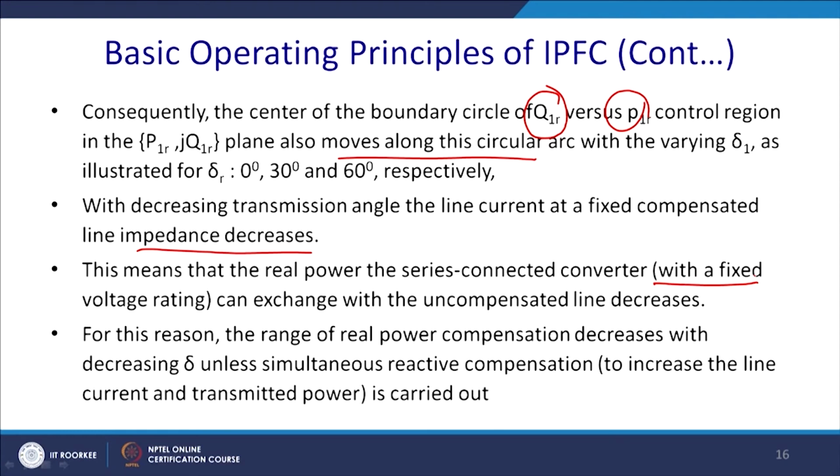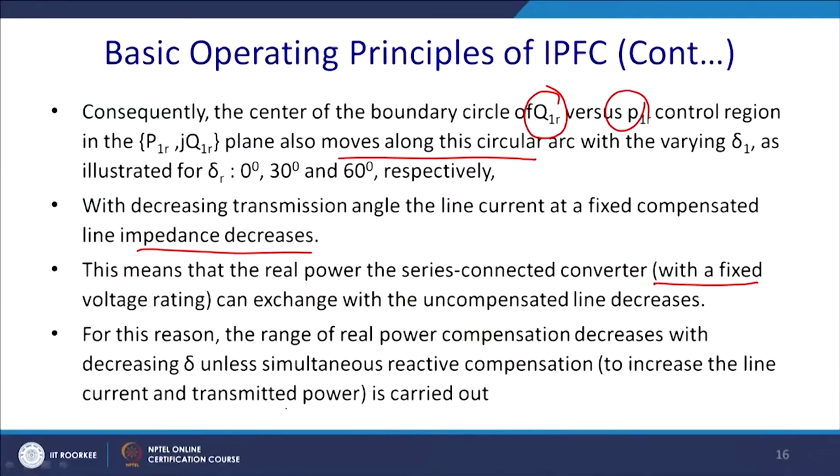For this reason, the range of real power compensation decreases with decreasing delta, unless simultaneous reactive power compensation is put in. So, we can say that simultaneous reactive power compensation is carried out to increase the line current and the transmitted power. This is basically an observation we can make for normal FACTS devices fitted with the IPFC.